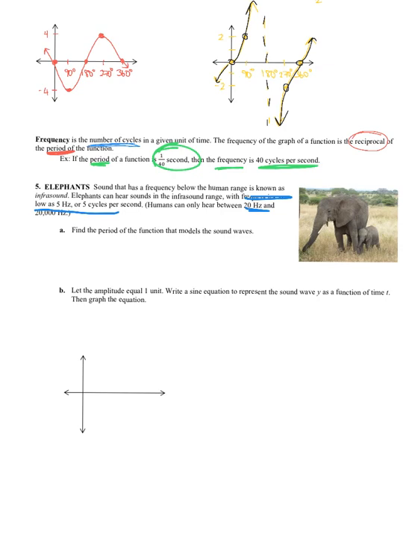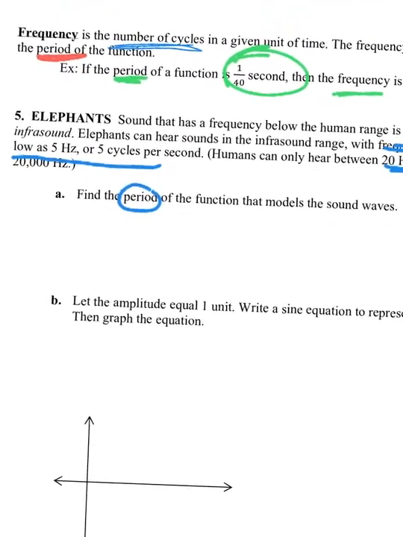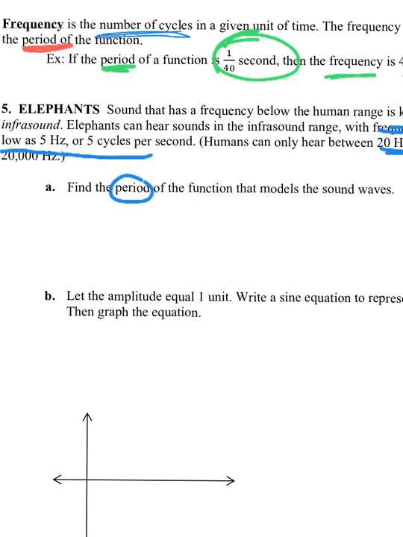And so part A says find the period of the function that models the sound wave. So we want to find the period given the frequency. Since we know the frequency is equal to 5, and the period is the reciprocal of that frequency, the period is 1/5 of a second.